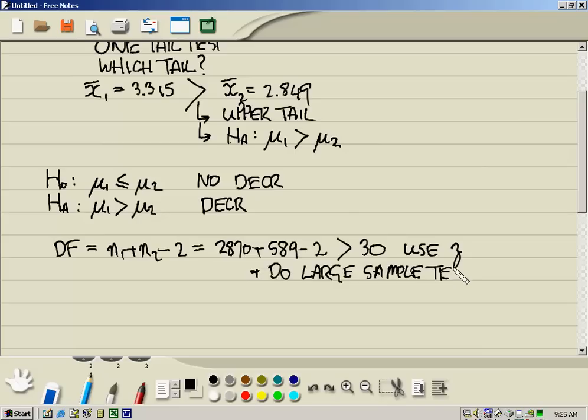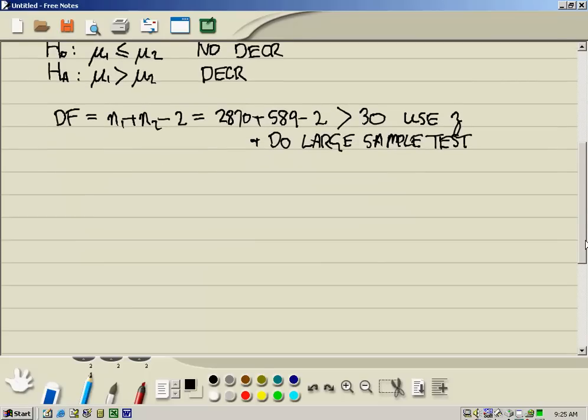In two sample tests with averages, there is a difference between how we handle the calculations in a large and small sample test. So it makes some difference than in the one sample test. Alright, so we're going to do a Z-test. We draw the diagram, Z distribution.